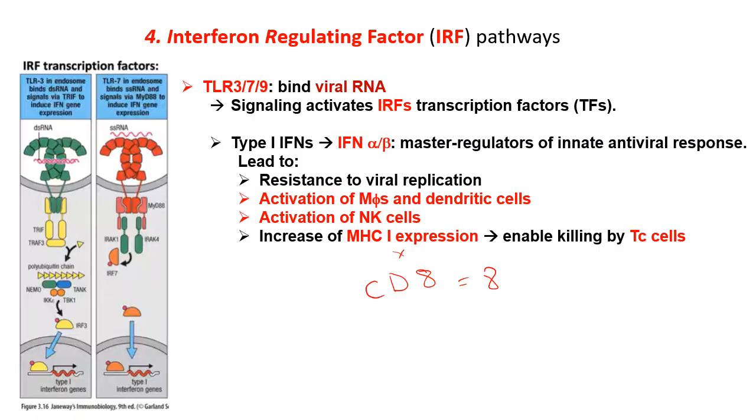MHC2. All right, so these are going to activate the killer cells, the cytotoxic T cells. Okay? And they're also activating natural killer cells. So this is a pathway that is really going to go after virus-infected cells.